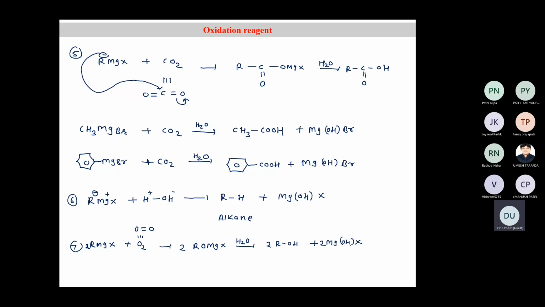So whenever oxygen is there, it utilizes 2 moles, and it also gives alcohol.